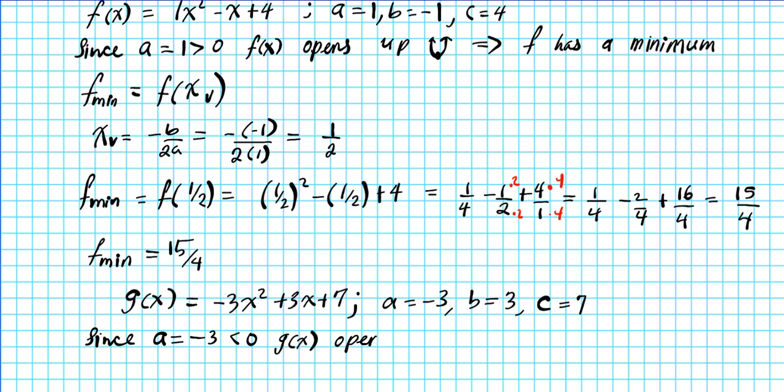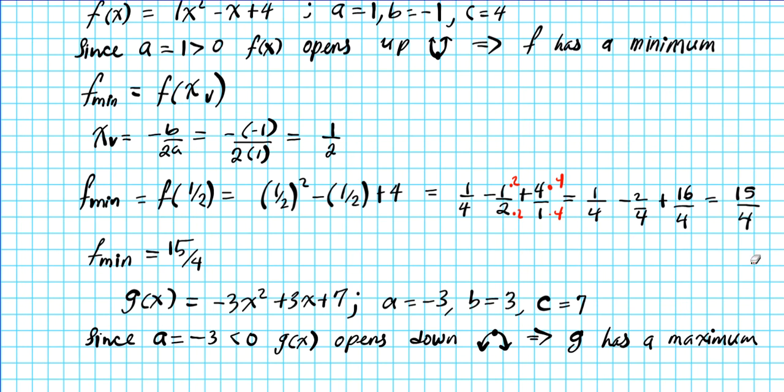It opens down. It's sad. Okay, so we have this kind of opening here. So since we have it opening down, how will you describe the extrema of g? G has a maximum, okay, because this vertex here is a peak.